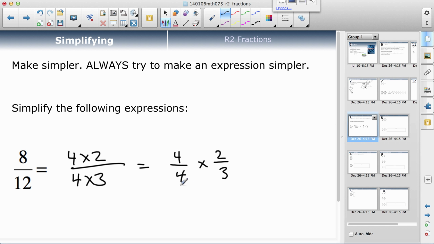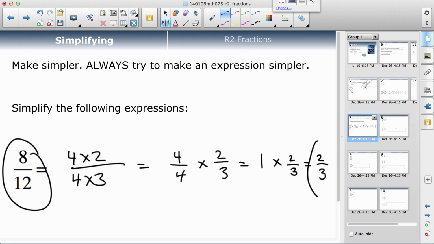Notice I'm collecting these ones that are exactly the same because anything divided by itself is just equal to 1. So 4 divided by 4 is just equal to 1. So I have 1 times 2/3, and then anything multiplied by 1 is just itself, right? So it's 2/3. So this fraction here and this fraction here, those two are equivalent fractions.